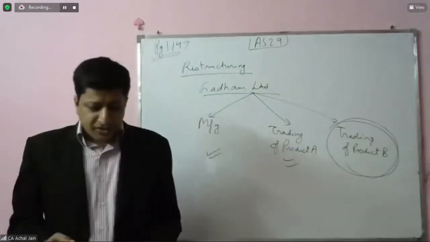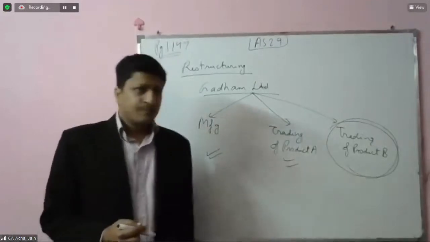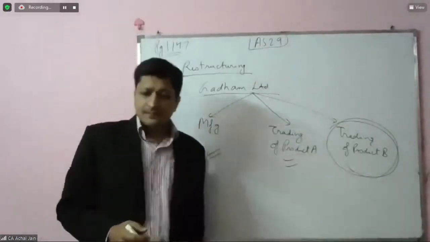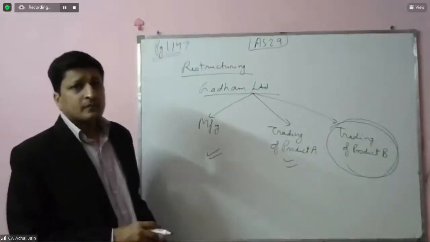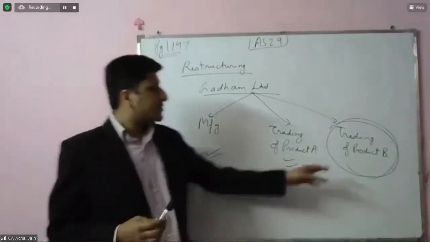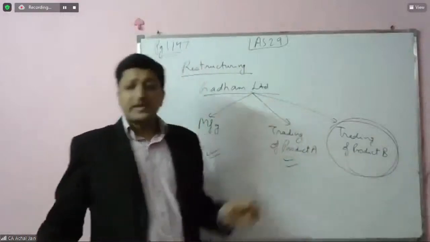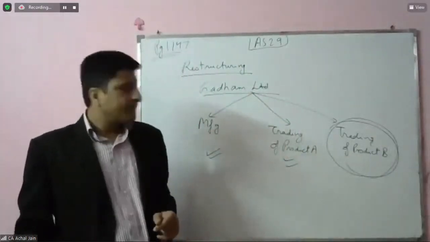Whenever any restructuring is done, and if it involves business, definitely the business will be impacted. Yes or no? If you do away with this trading of product B, the business will be impacted.